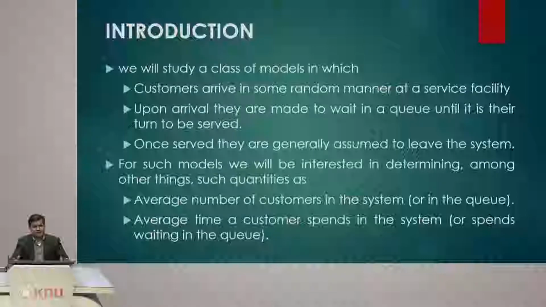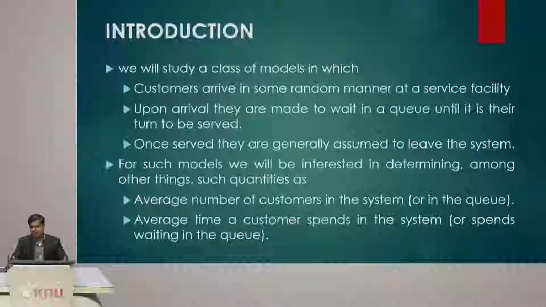Yes, as we have already mentioned, this is a class of model in which the customers arrive in some random manner. For example, if you consider a store, the customers going into the store is kind of random. Nobody knows how many customers come into the store at any point of time. So we assume that the customer arrives in some random manner at the service facility.